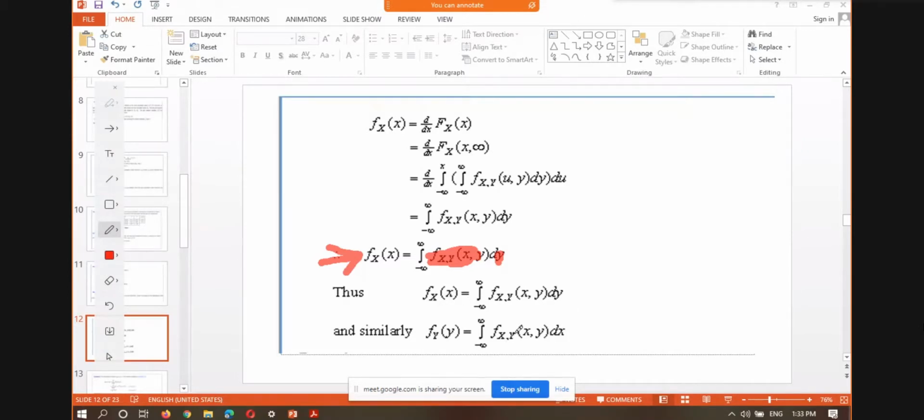Otherwise, if I integrate this joint probability density function with respect to the variable x over the whole domain minus infinity to plus infinity, I will get the marginal density function of y. So this is the way we can calculate the marginal density function from the joint density function.